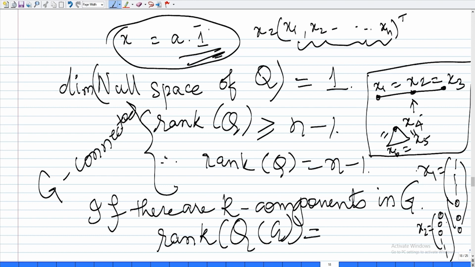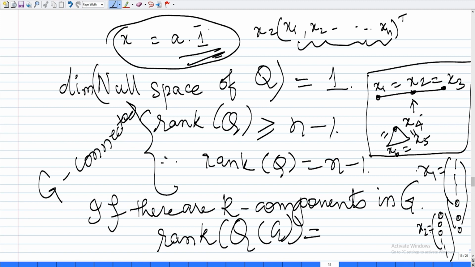These two vectors could jointly generate all possible vectors that satisfy my criteria, because the only criteria is that x1 equals x2 equals x3 and x4 equals x5 equals x6, right. So, if we have two components, I have two linearly independent vectors which generate my null space. Both of these types of vectors will be killed, right.